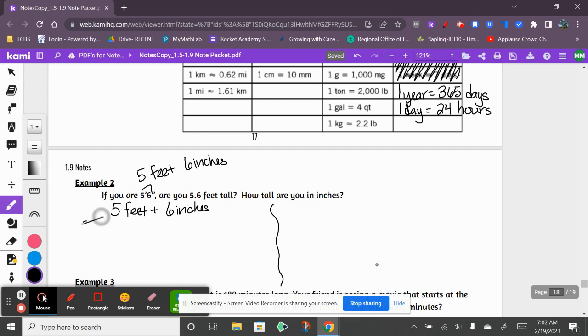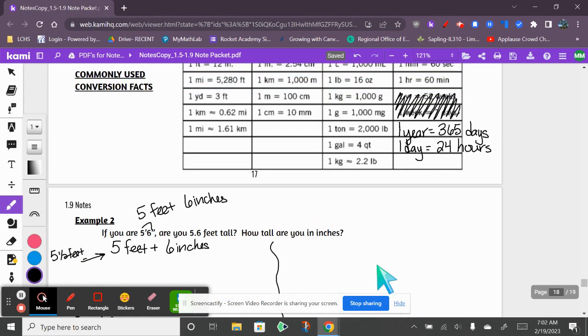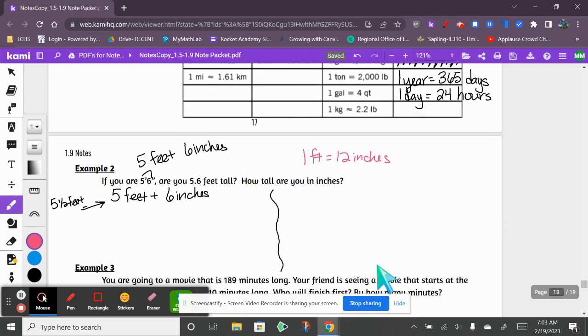This is the same as 5.5 feet, because remember that there are 12 inches in every foot. So our fact here that we're going to be using is that 1 foot is equal to 12 inches. So automatically, we know that these are not exactly the same.